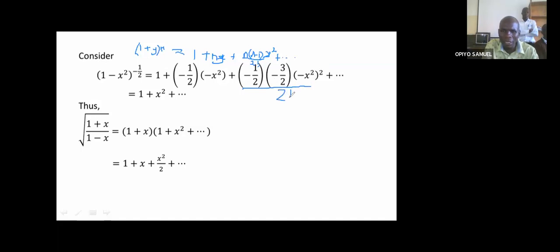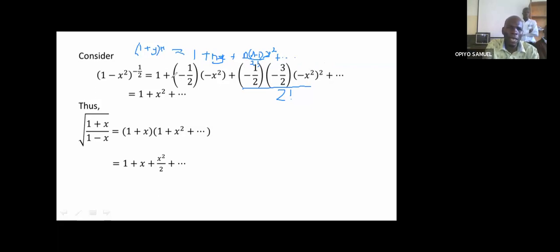Sorry, I left out this term. But this term, when we expand the power of x, which is already squared here, it goes to x to the power 4. And in the question, you can remember that they said the cube and higher powers can be neglected.